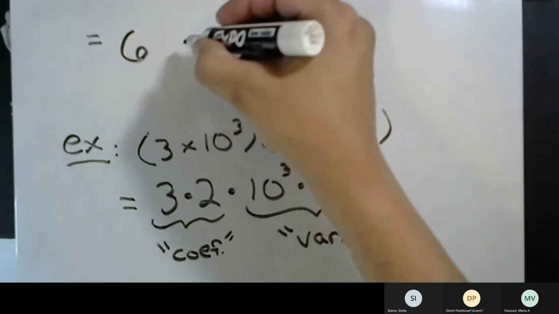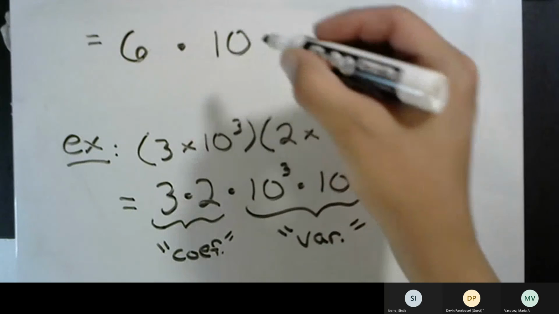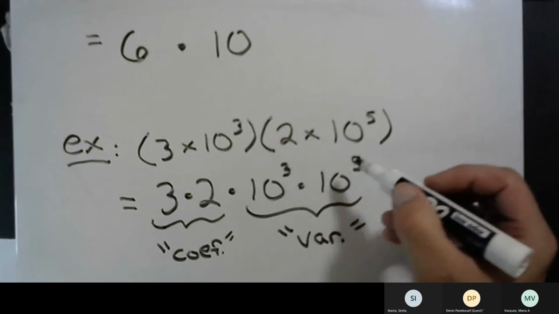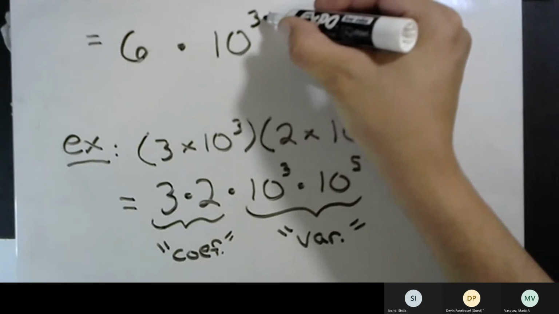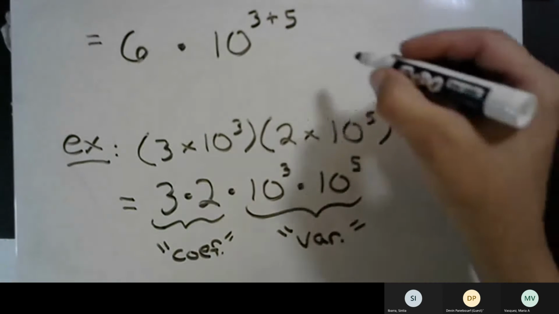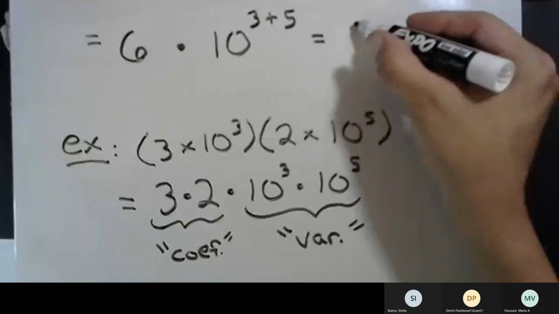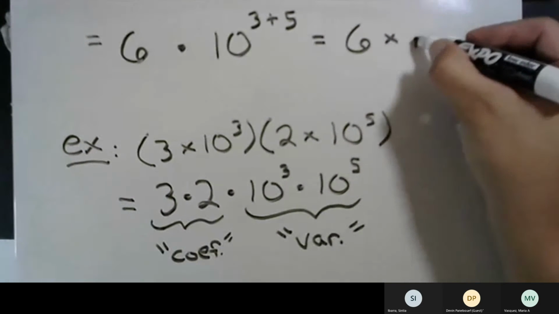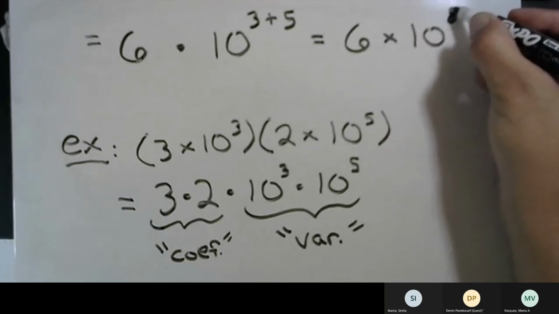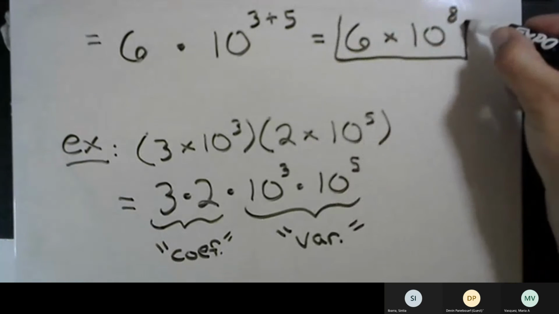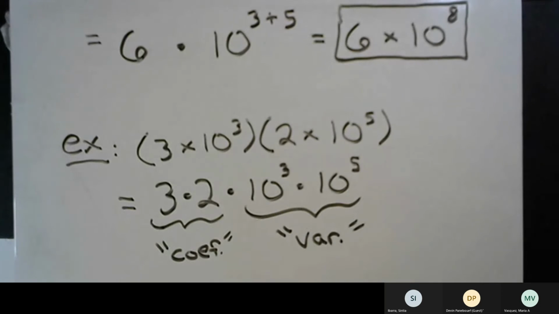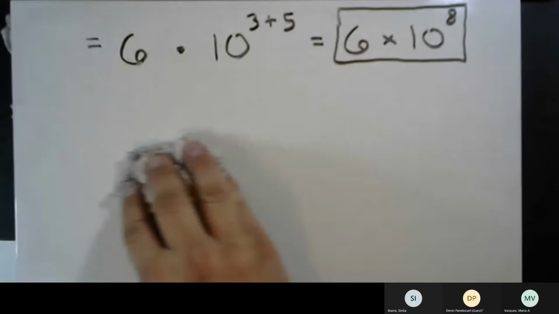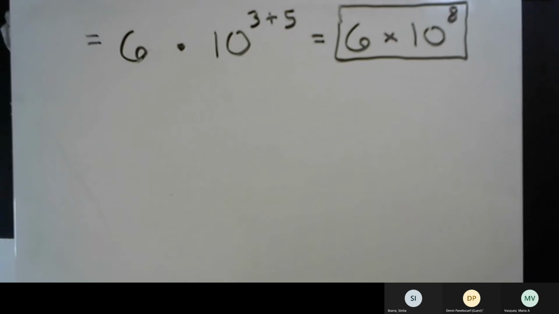So we'll get 6 times 10, and just like with the variables, we use our product rule here, 3 plus 5. And so we're going to get 6 times 10 to the 8. That's going to be our answer. Questions about that?